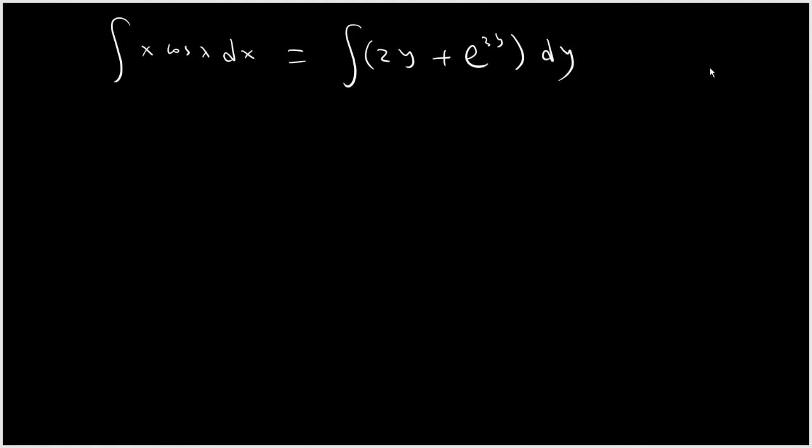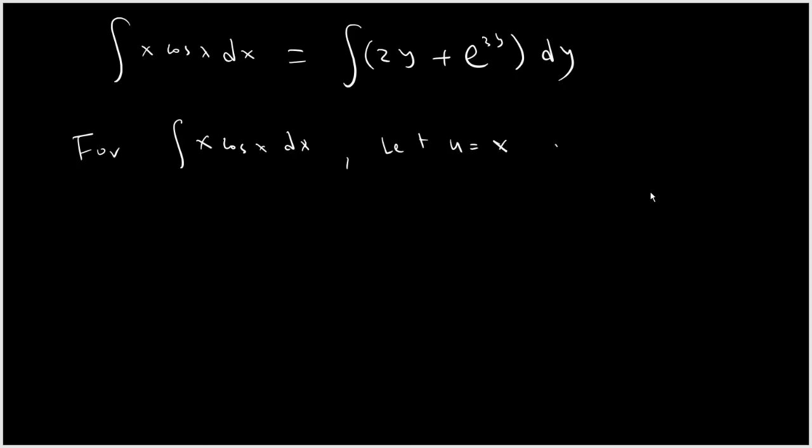At this point, we evaluate the two sides separately. For the left hand side, the integral of x cos of x, you know we have to use integration by parts, right? We choose u and dv. This is a simple integral for which you need to use integration by parts.